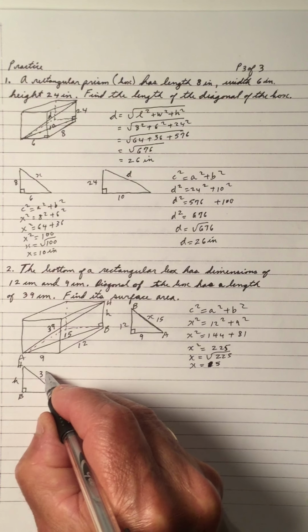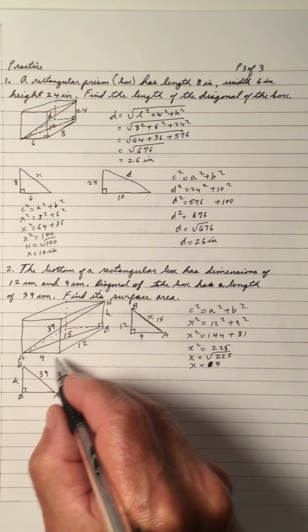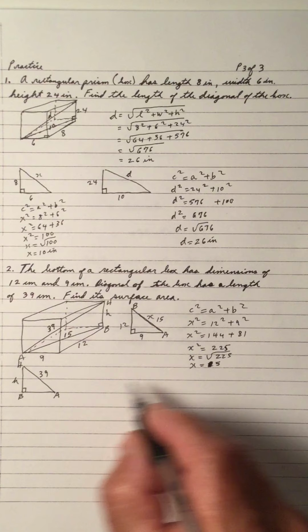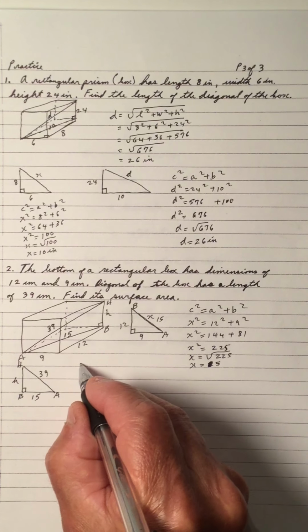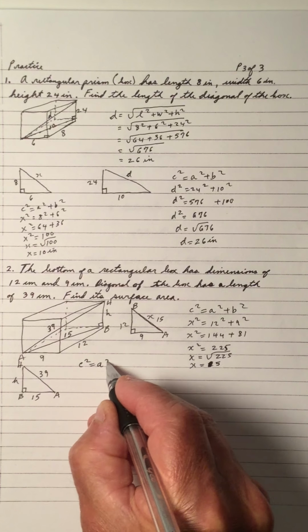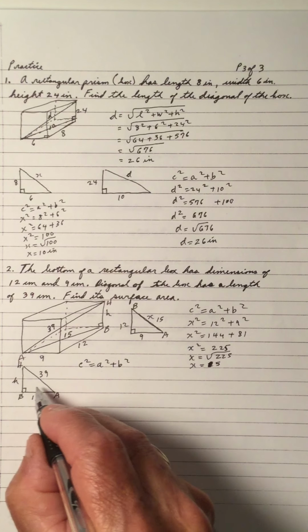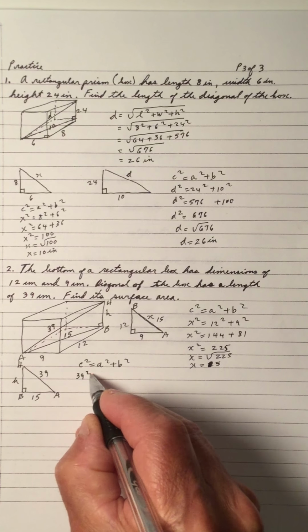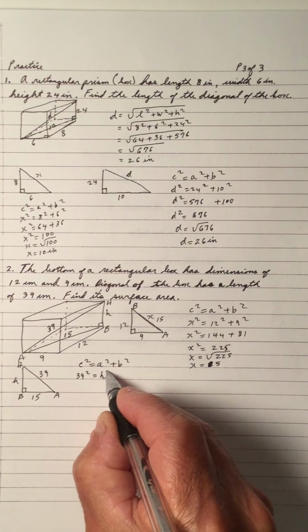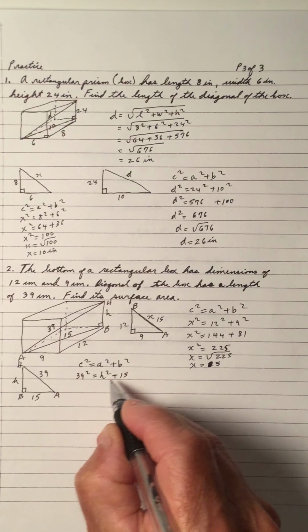The diagonal is 39, which is AH, and the AB that we just found is 15. Again, we use our Pythagorean theorem because we have a right triangle with two sides. C is 39, opposite the right angle. A is the H, the height, and B is the 15.